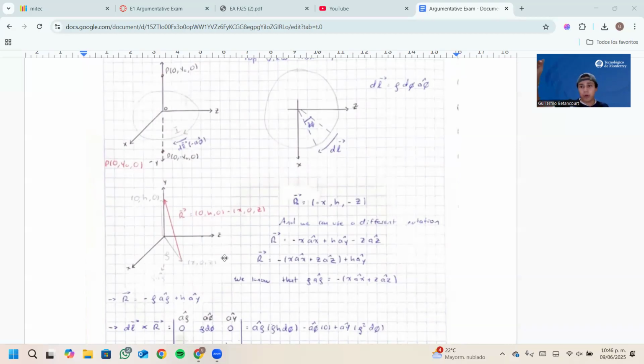Our point on positive y is equal to 0, h, and 0. With these two things, we can take the separation vector, which is r.